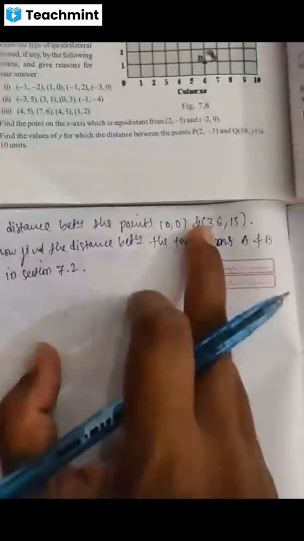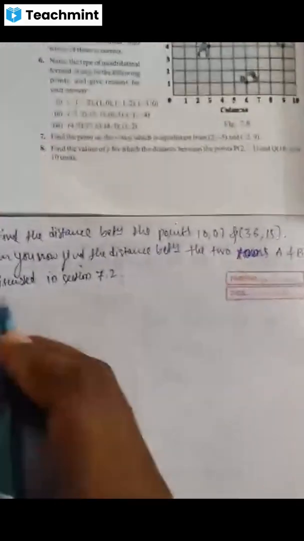Okay, first we have to find the distance between (0, 0) and (36, 15).